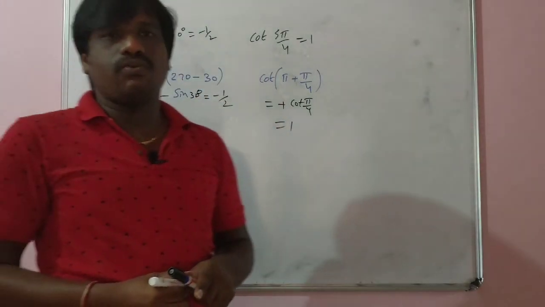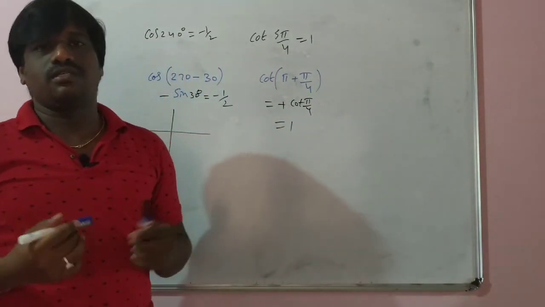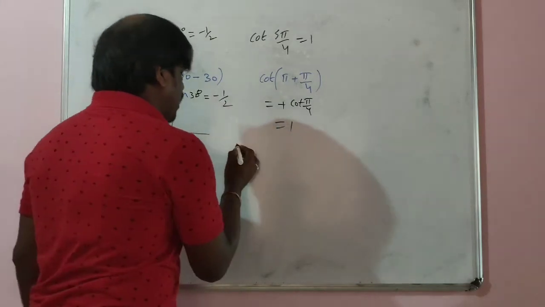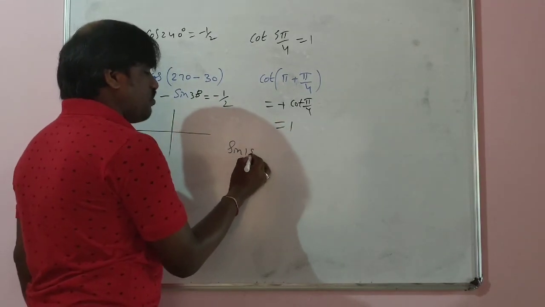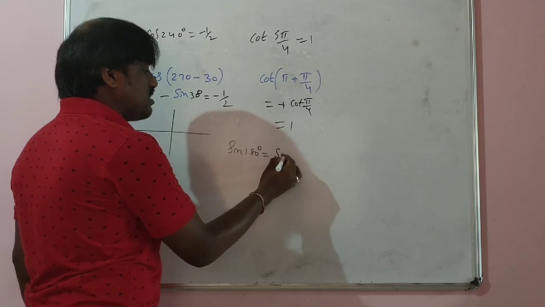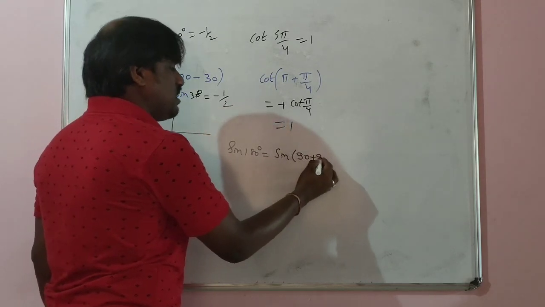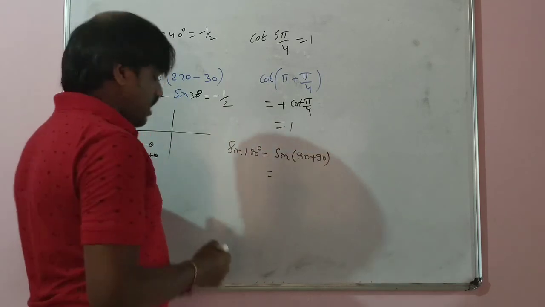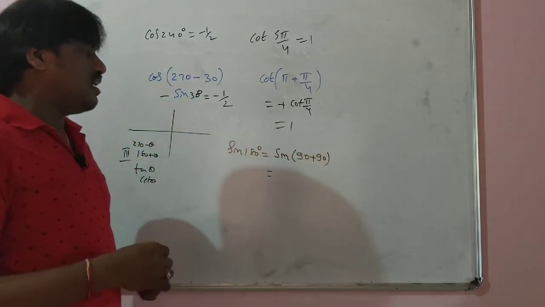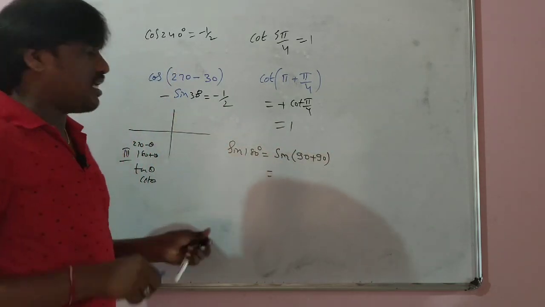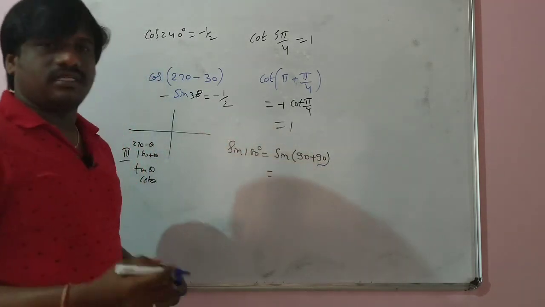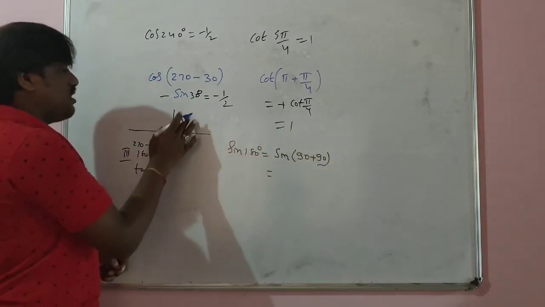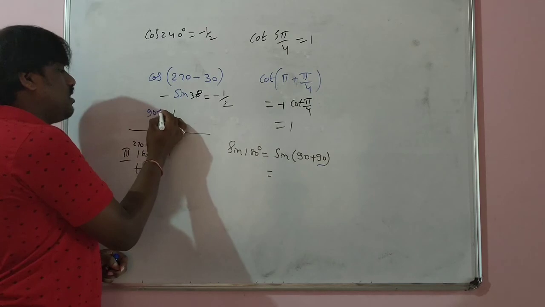Like these values you want to find, we can use these things. Suppose I want to find sine 180 degrees. I can write it as sine of 90 plus 90. So sine of 90 plus theta, which quadrant is it in?